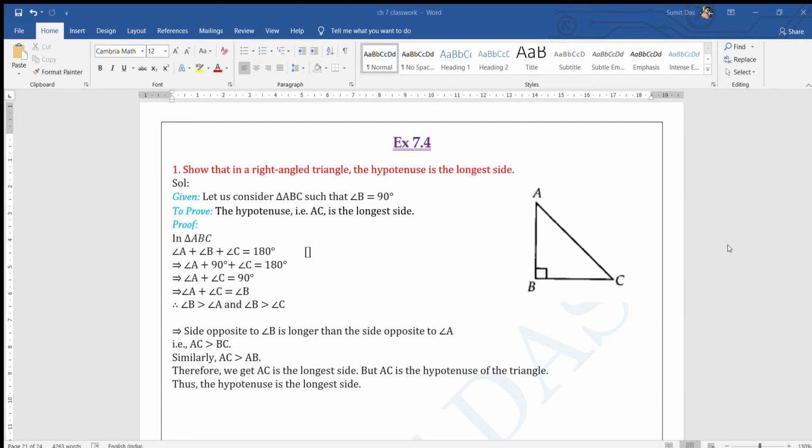I hope you are not sleeping. In triangle ABC, I'm writing angle A plus angle B plus angle C. What is the reason behind it?